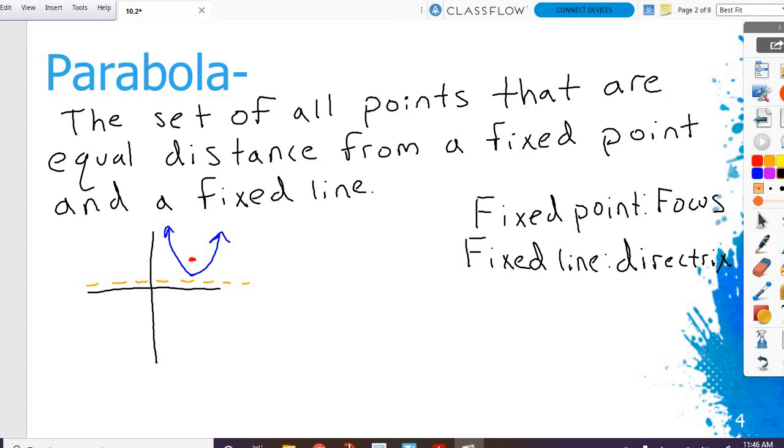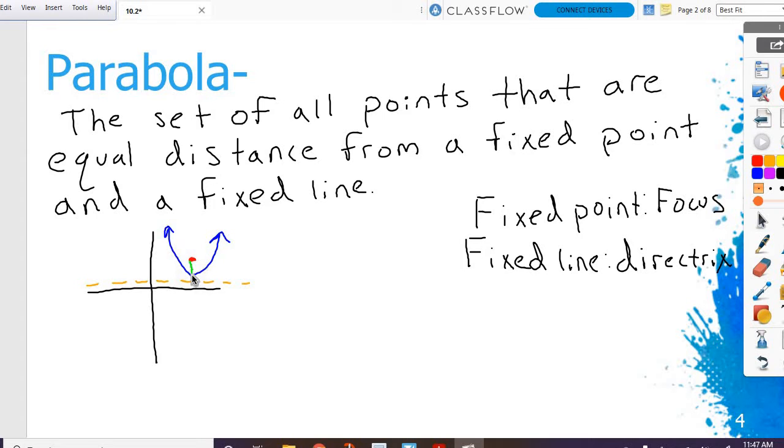So, if all points on my graph have to be equal distance from this point and this line, agreed? Then what has to be true about my vertex? Yeah, because notice that my graph is not super drawn to scale, but my vertex is a point on my graph.